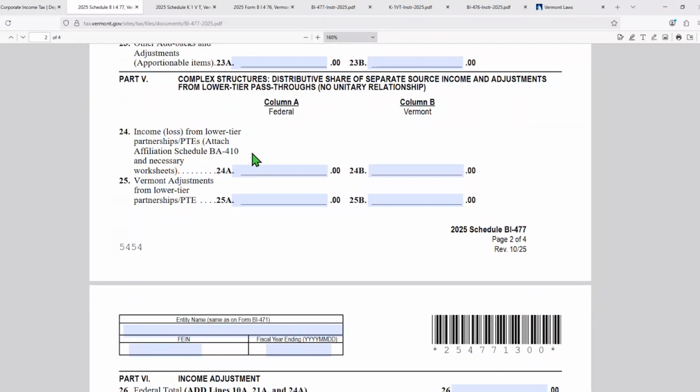Part 5 is for the multi-tiered pass-throughs. So if you have income that is coming up from an entity that you own, that you're a partner in, that's where we're going to account for some of this.